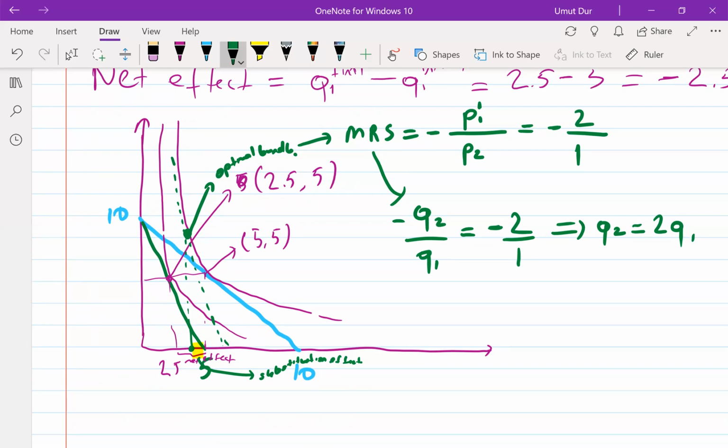Now I need the exact budget line here. So remember that we are still using P1 prime times Q1 plus P2 times Q2 is equal to Y tilde. I don't know the exact value of this Y tilde, so I cannot use this budget line here.